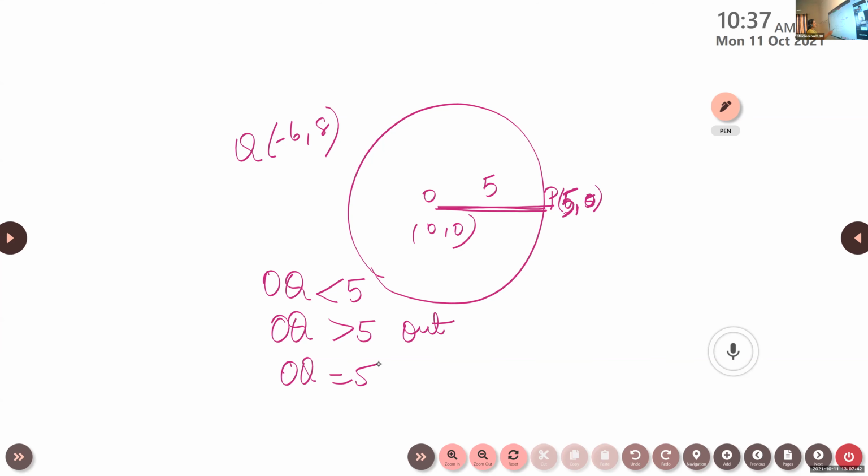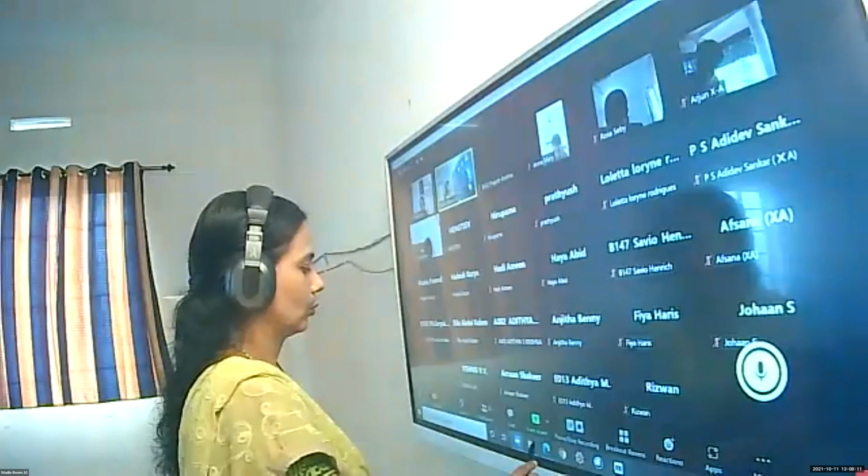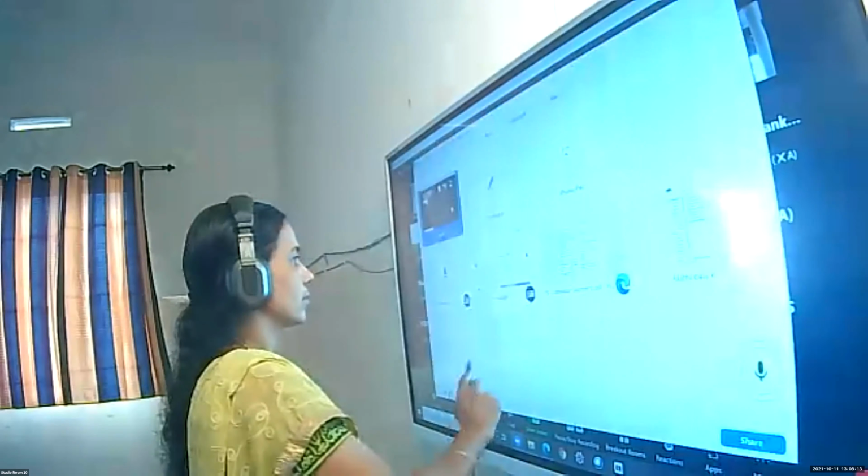What is the distance? OQ? Is it 10? OQ is 10, which is greater than the radius. Therefore, the point will lie outside. So, the answer is, Melvin, is it true or false? True. Therefore, it is true. The point Q lies outside the circle. Therefore, it is true.